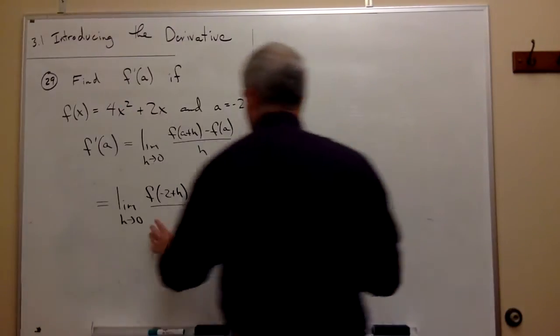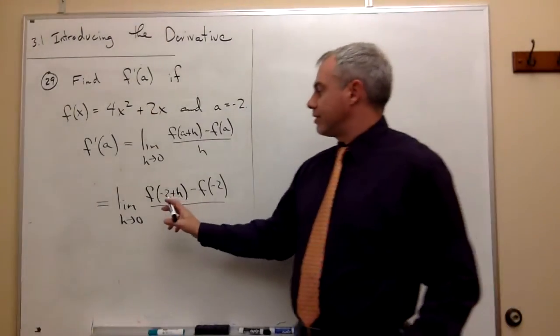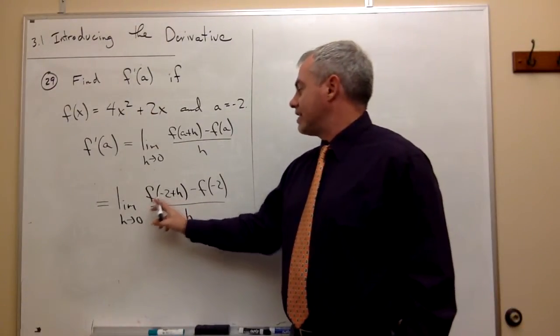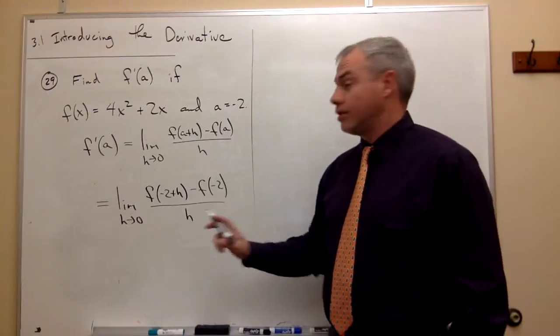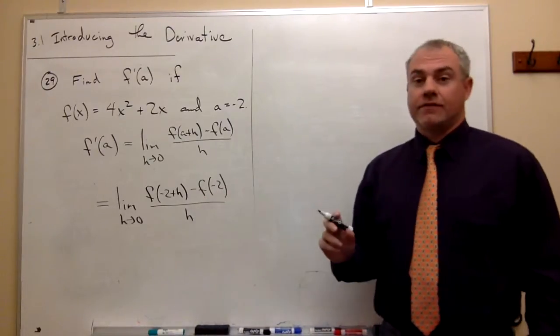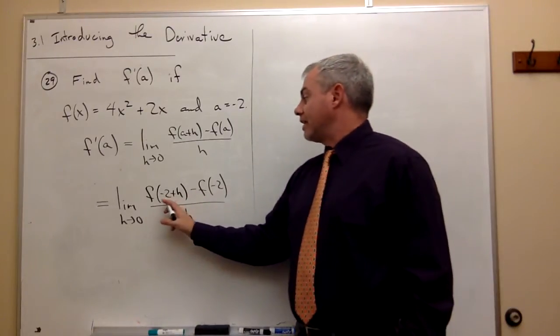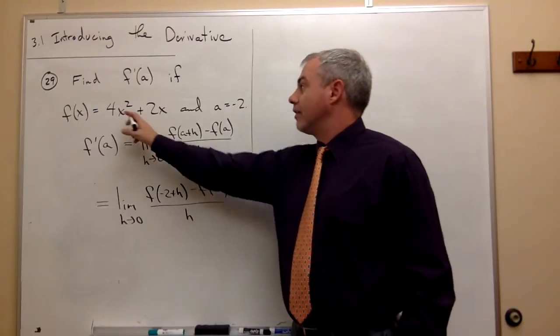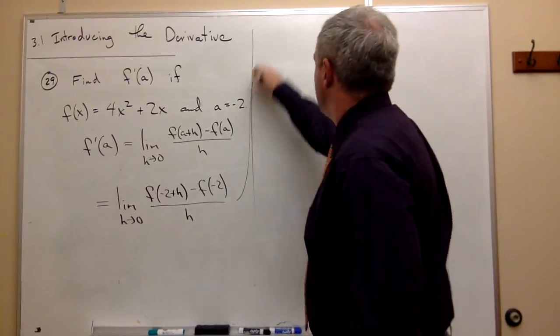Okay, so we're ready to go here. Now we just need to plug things in. We need to figure out what is f of negative 2 plus h and what is f of negative 2. So I'm just going to plug negative 2 plus h in for x up here. When I do, I'll get the following.